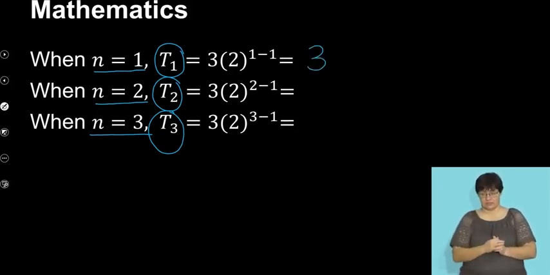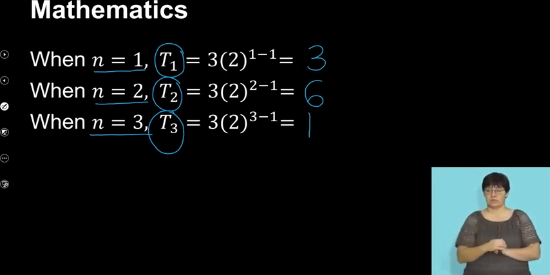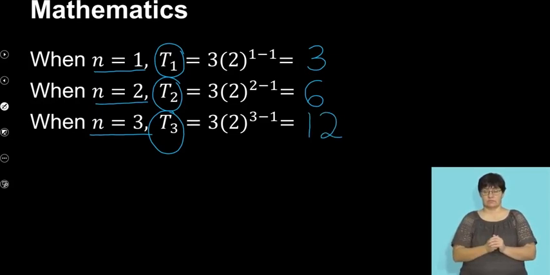So term 1 is equal to 3. Then term 2 is 3 times 2 to the power of 2 minus 1, which is going to leave me with 6. Then term 3 is 3 times 2 to the power of 3 minus 1, and that is going to give me an answer of 12. So because I actually have the first 3 terms of the sequence, I can start determining the values of what I will need for my series formula.